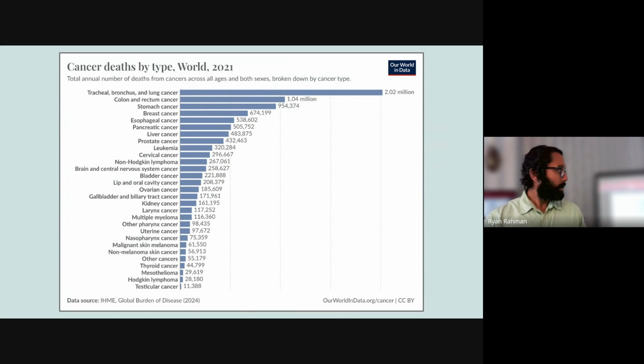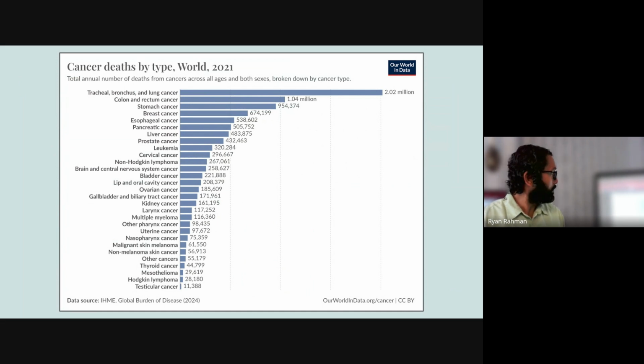Cancer deaths. This is just a few charts. I don't want to be too data crazy, but I think it is useful to look at some of this. So this is just cancer deaths in the world, and lung cancer is number one, colon and lower GI number two, stomach number three, which is a little different than the U.S. I don't believe stomach cancer is quite that high in the U.S.; it ranks much lower.